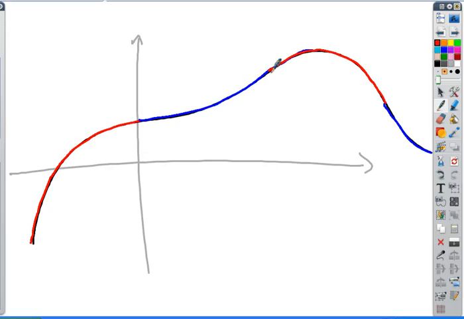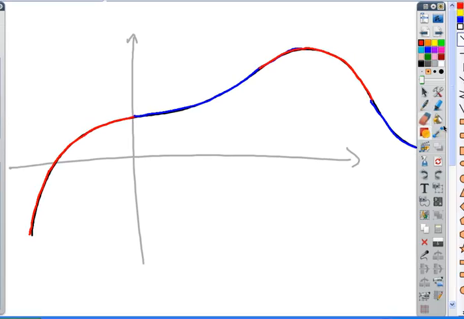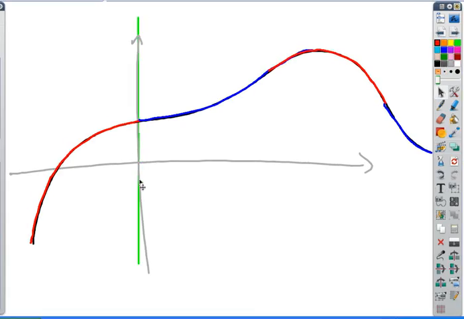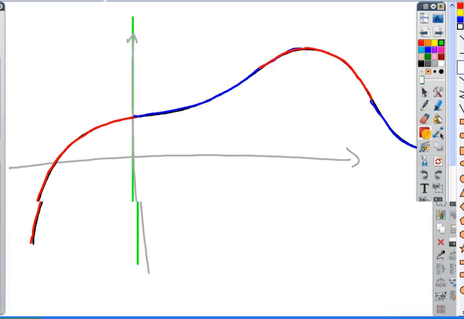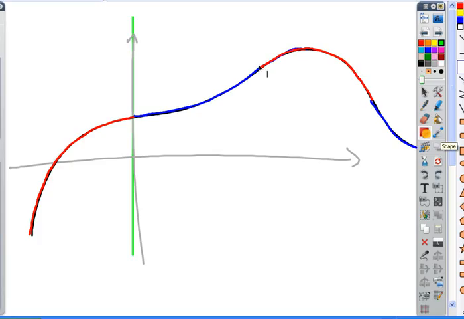Good. So we got these places of transition, right? We could divide this thing up if we put in some vertical lines, like so. Right about there is going to be one, and there's one, and there's one.